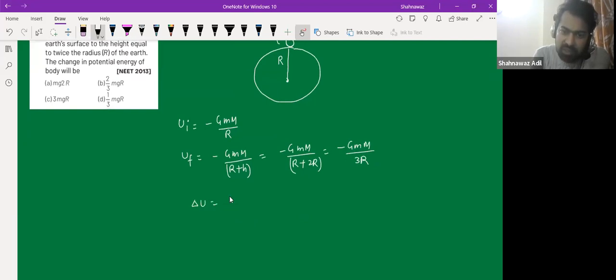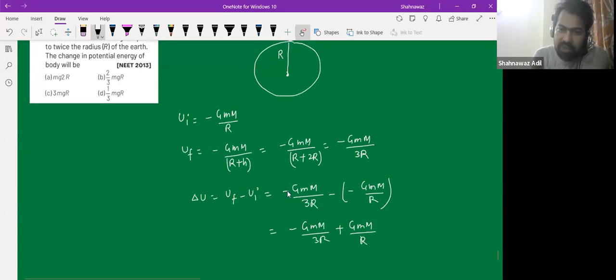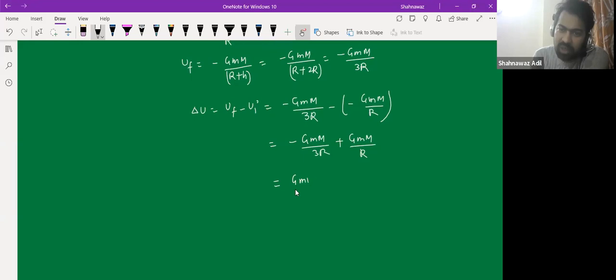The difference is delta U. This is minus GMm by 3R minus of minus GMm by R. So this is GMm by R minus GMm by 3R, again we write the positive term first. LCM is 3R, so this is 3GMm minus GMm, so this is 2GMm by 3R.